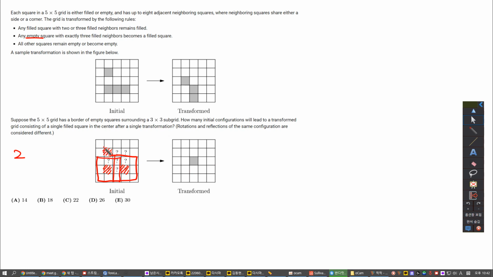Yes, and then this empty square has these 3 filled neighbors, so that's why it becomes filled after transformation. So this configuration works. And we can rotate this configuration by 90 degrees, so there will be a total of 4 cases.